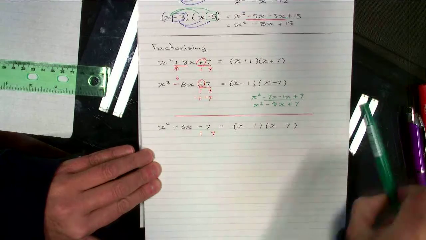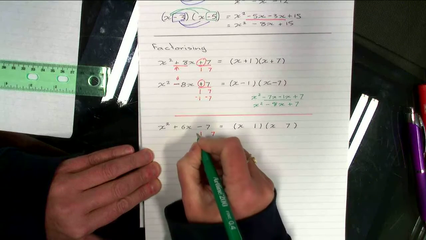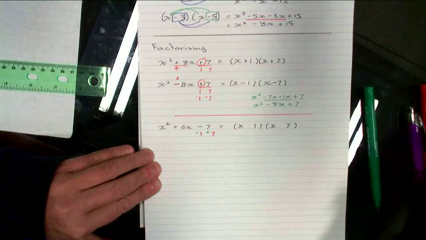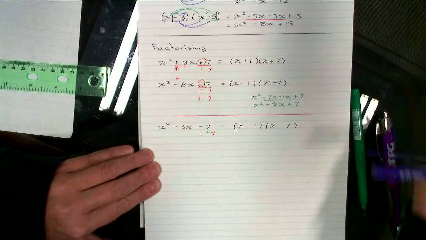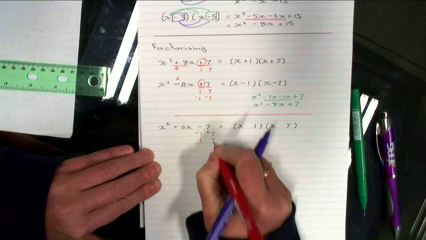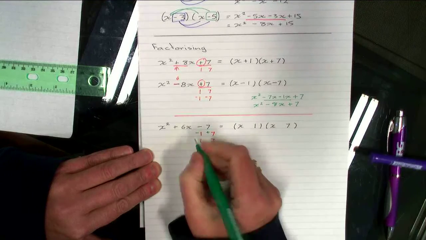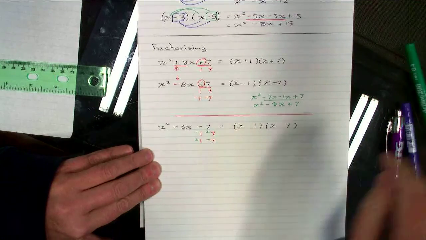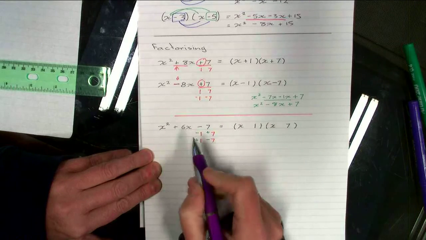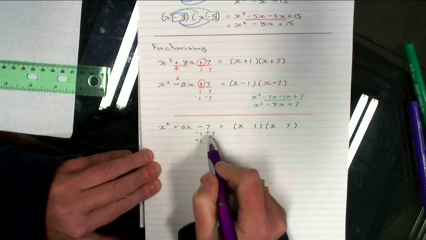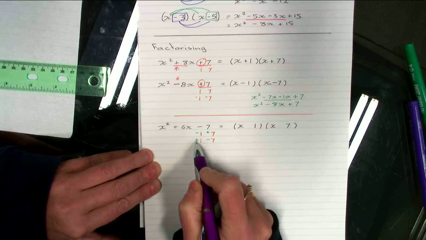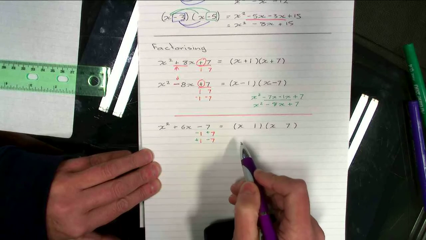But the interesting thing is we know that it can be either minus 1 and plus 7 to get that minus there, or it can be plus 1 and minus 7. So that's what we need to decide. Minus 1 plus 7 is plus 6, or plus 1 minus 7 is going to be minus 6.